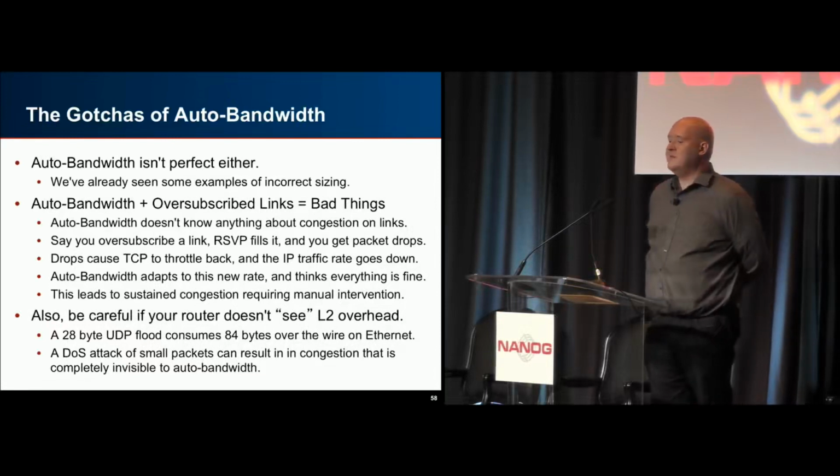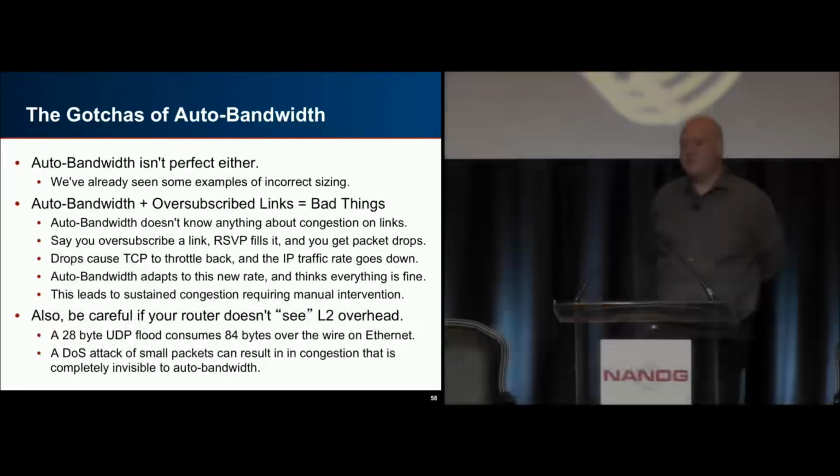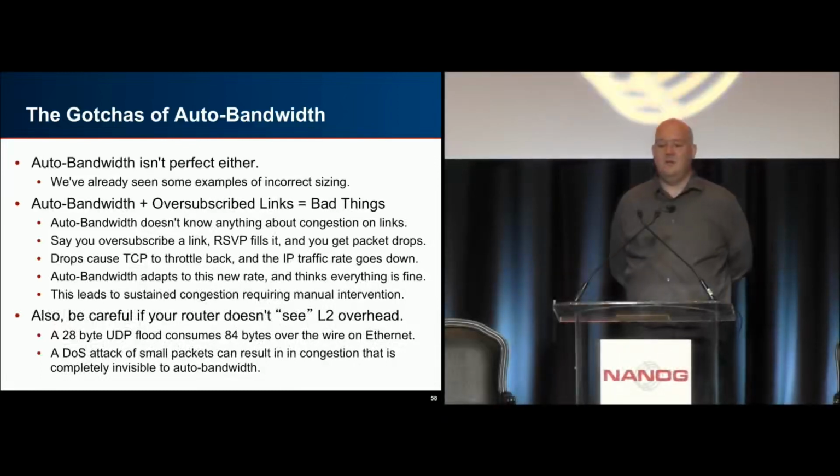Another big problem is there's a lot of routers out there that don't see the layer 2 overhead. So for example, remember that a 28 byte UDP flood, let's say a DDoS, actually consumes 84 bytes on the wire with Ethernet, because of the layer 2 headers, the frame padding, all of that stuff. That's how much it actually consumes across the wire, but the LSP calculation doesn't know that.